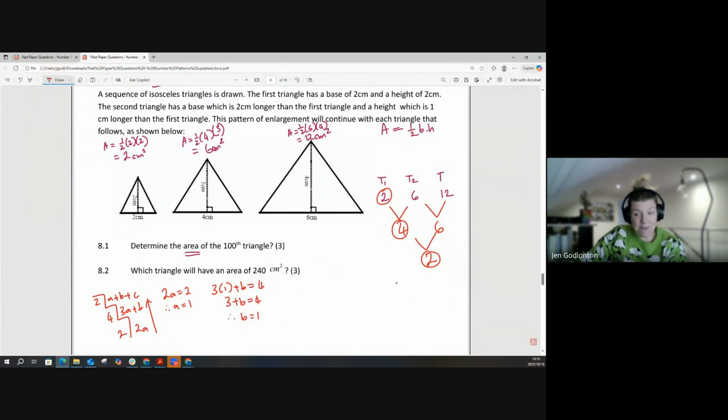And A plus B plus C needs to equal 2, which means C is equal to 0. So that means that my formula is Tn equals n squared plus n. And they want to know the area of the 100th triangle. So they're asking when n is 100. So T100 is equal to 100 squared plus 100, which gives me 10100.